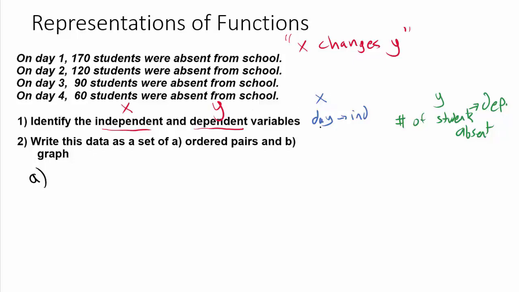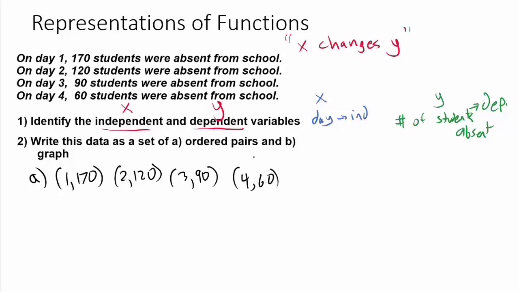Remember that the x, or the day, should always come first, and since we identified y to be the number of students absent, that should always come second. It just happens to work out that they are in the exact same order as in the problem. So to write them as ordered pairs, I'm just going to list out all of our different ordered pairs here: (1, 170), (2, 120), (3, 90), and (4, 60).